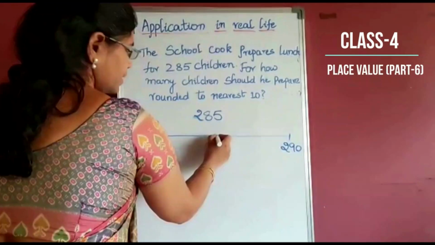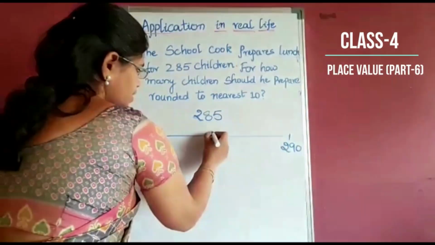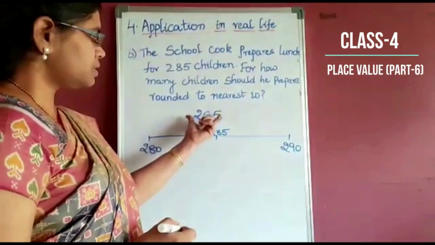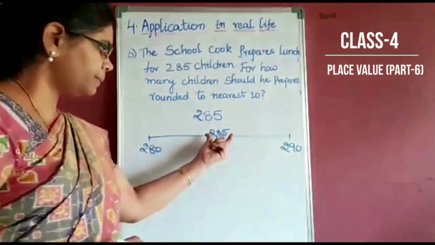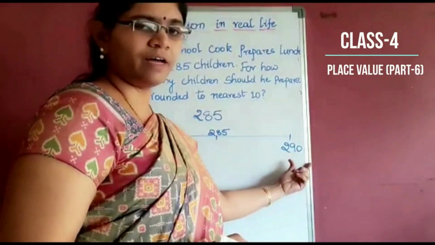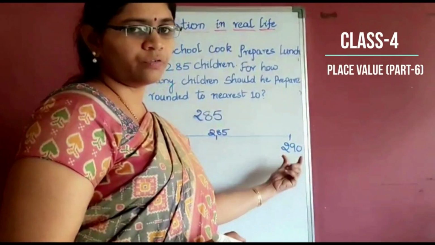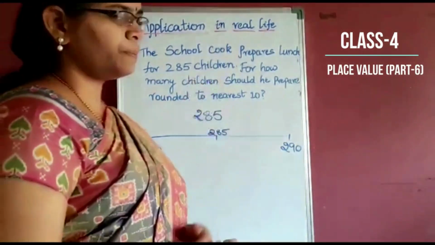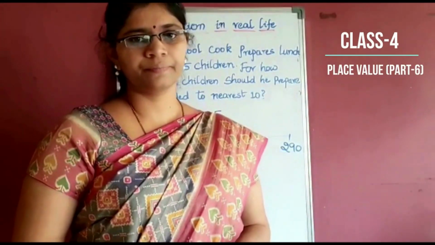Which number comes exactly in the middle? Yes, it is 285 itself. Now this number we have to round off, and as I said already, the exact middle number also tends to round off to the next value, next to the tens place. So 285 is rounded off to 290. So the cook should prepare lunch for approximately 290 children.